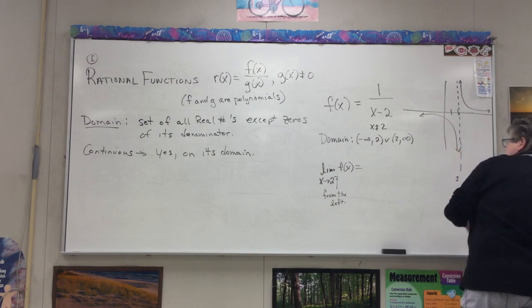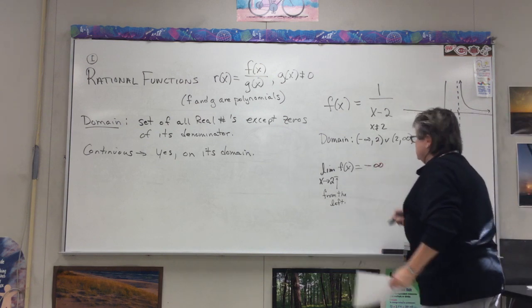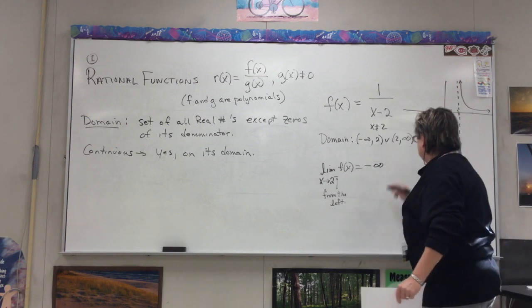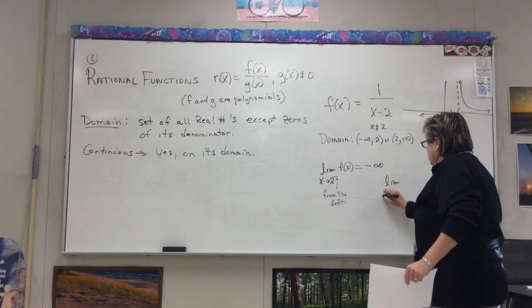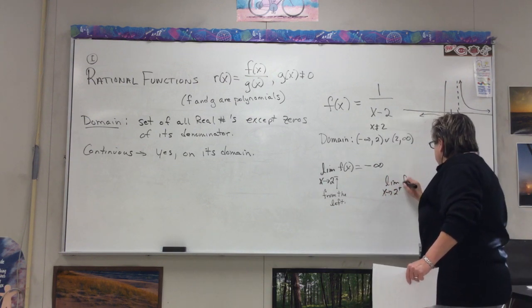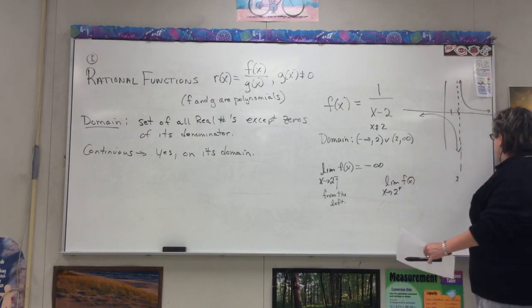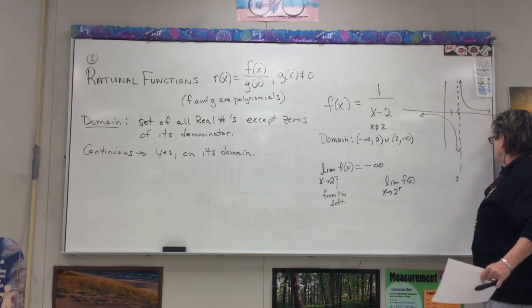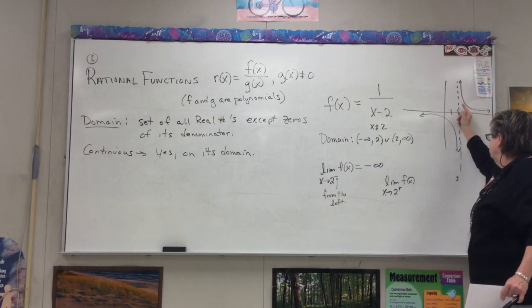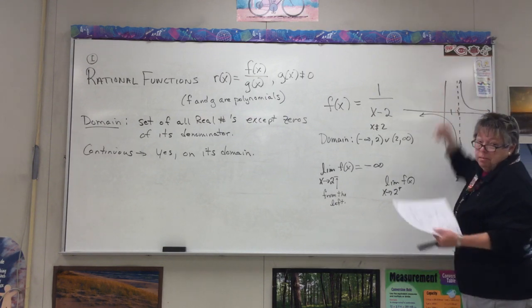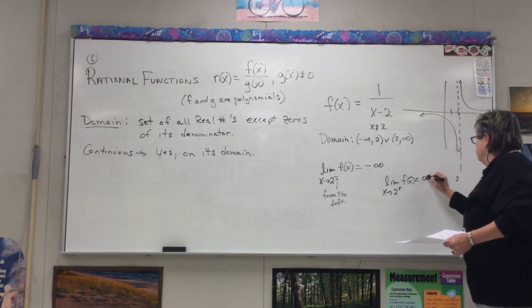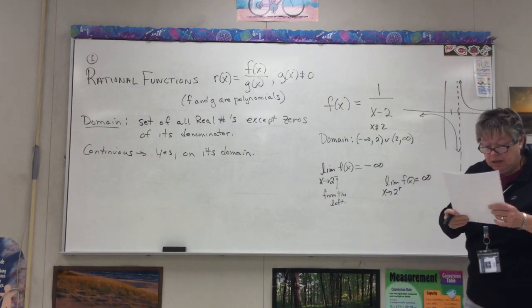It's going down, down, down, so we would say it approaches negative infinity. All right? Then we'll do it again. The limit as x approaches 2 from the right, so right hand, approaching this asymptote. What's your graph doing? Up, up, up, up, towards positive infinity, okay?